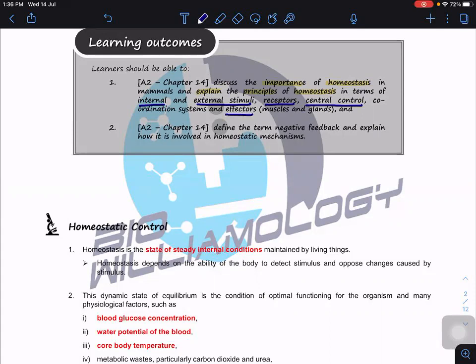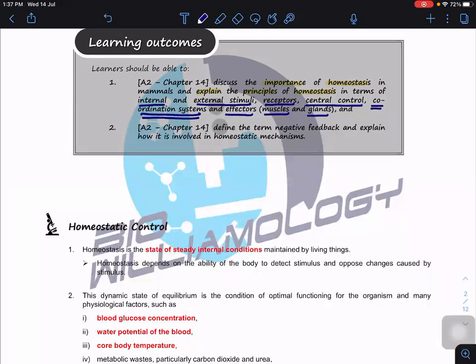So normally the effector will be our muscle and glands, but in terms of communication between the receptor, central control, and also the effector, we need the coordination system, which we're going to learn in a little more detail when we go to the final topic.